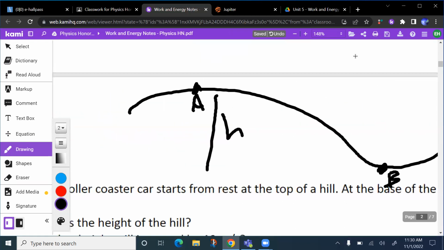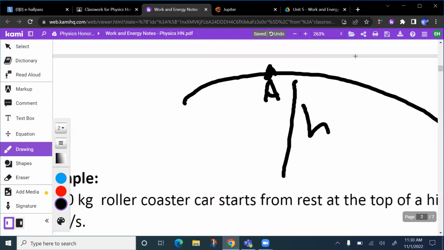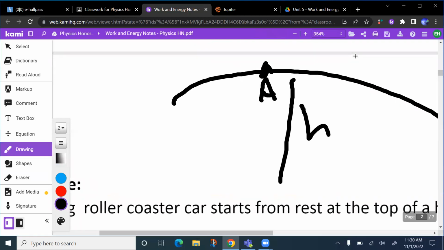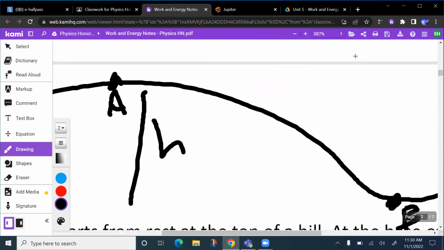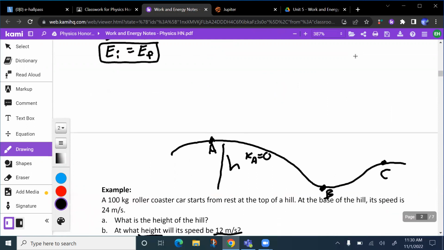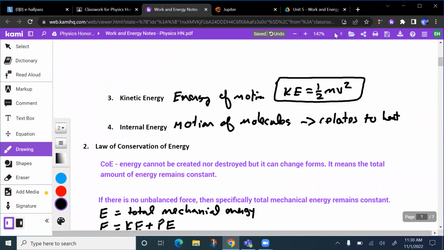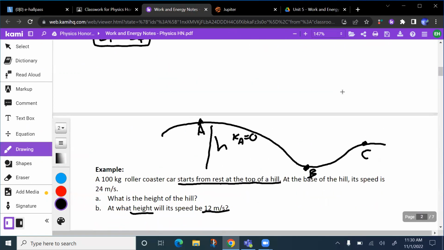Here's what we do. You start by establishing the energies at each point. The kinetic energy at point A would be 0 because we are told that the car starts from rest at the top of the hill. Remember, kinetic energy relates to the motion of the object. So if the object's not moving, it has no kinetic energy.